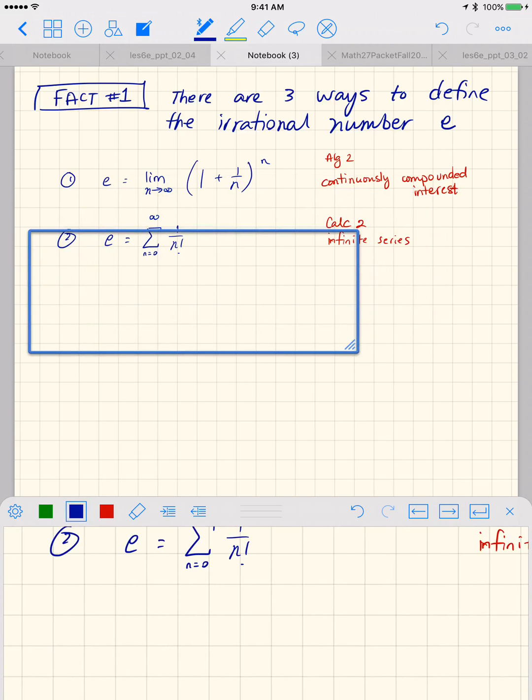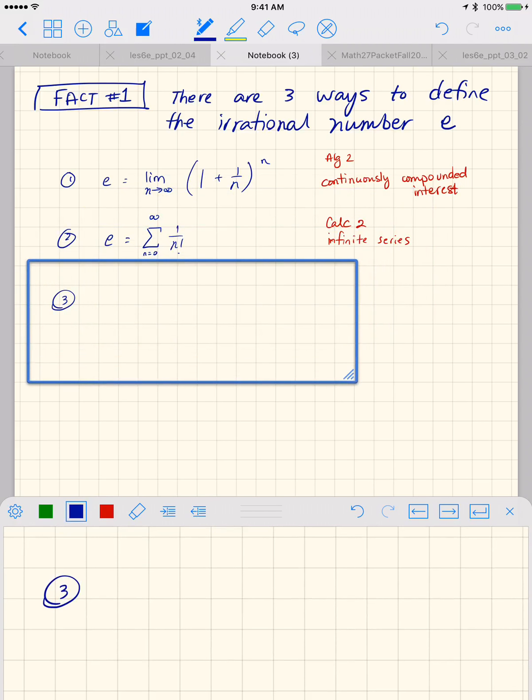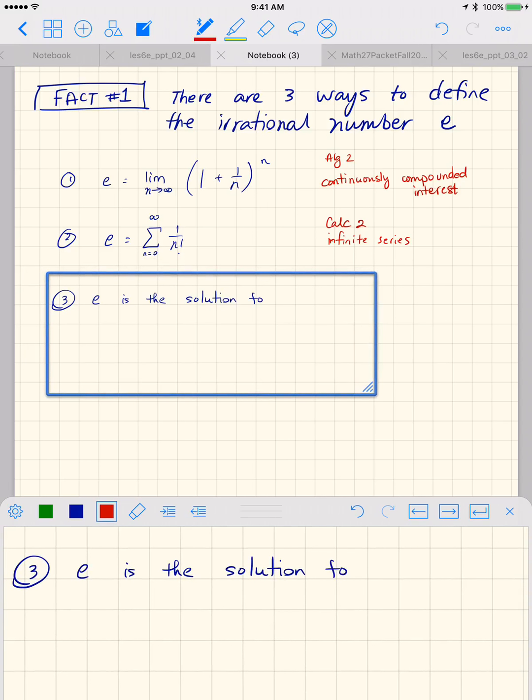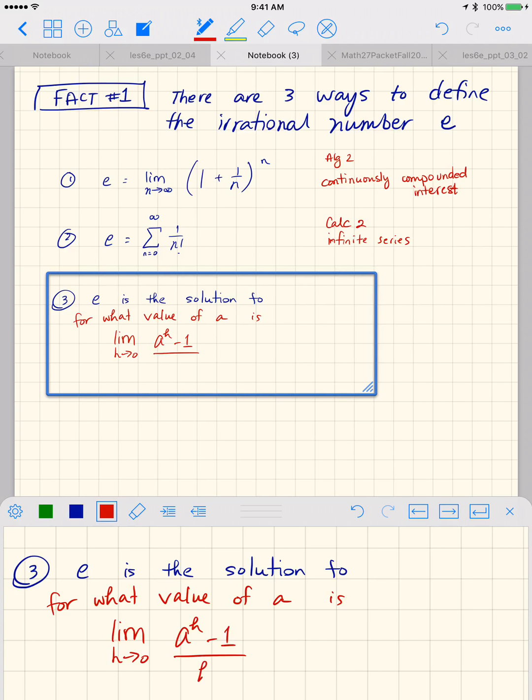And the last one is the one that we're using today and for this course, which is to say that e is the solution to the following problem. And here's the problem. Suppose you want to see for what value of a is the limit as h goes to 0 of a to the h minus 1 over h equal to 1, right?